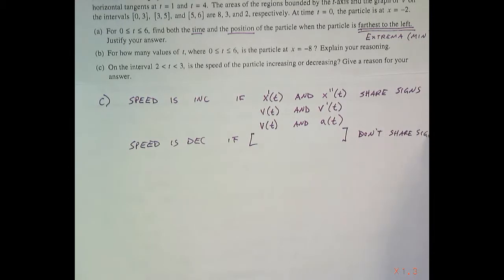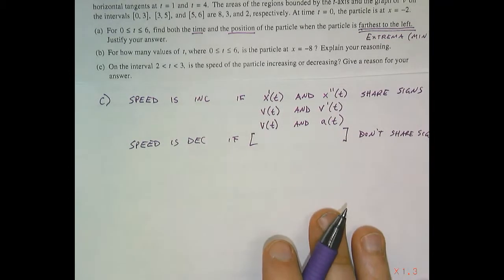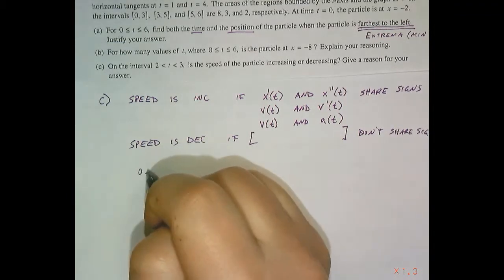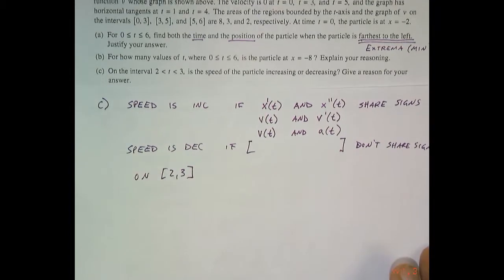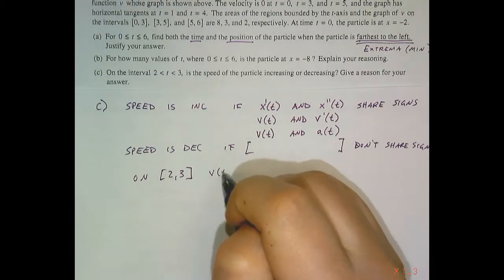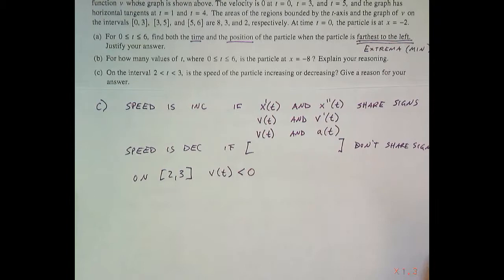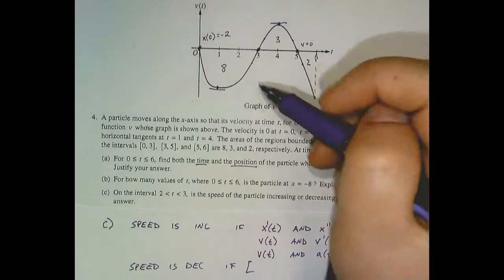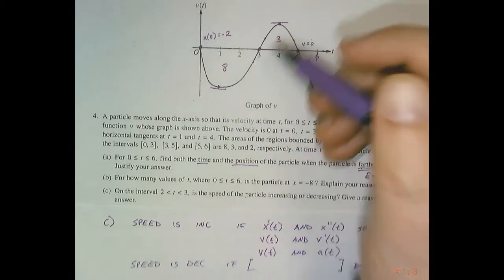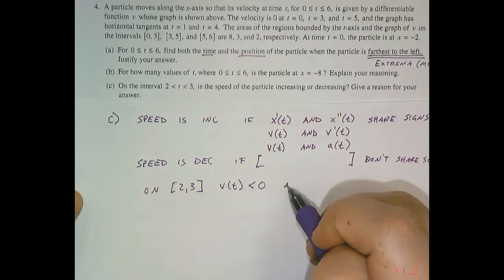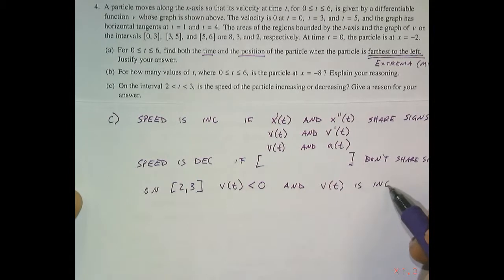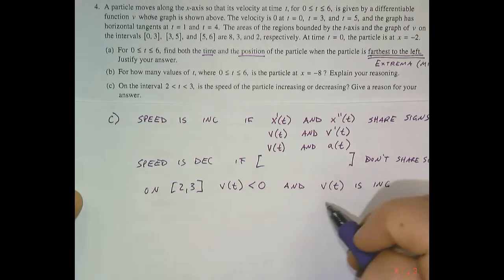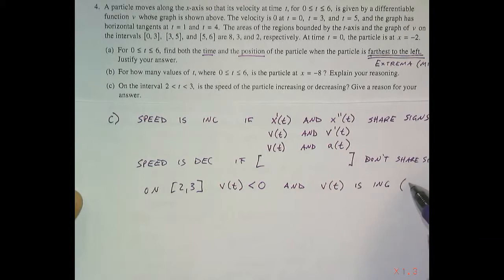So let's take a look at what we're asking. It says on the interval 2 to 3. On the interval 2 to 3, v of t is less than 0. Looking at the graph, 2 to 3, v of t is less than 0. And v of t is increasing, i.e. v prime of t is greater than 0.